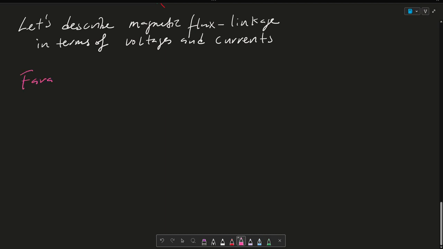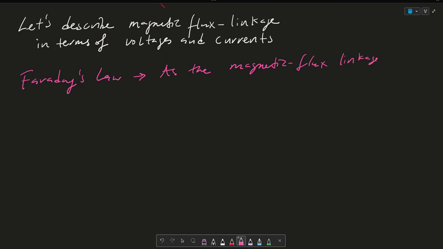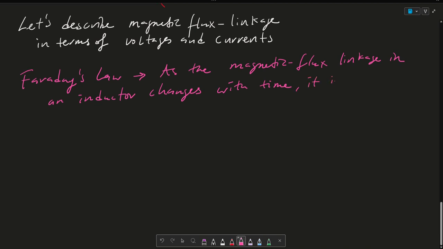And Faraday says, as the magnetic flux linkage in an inductor changes with time, it induces a voltage V across the inductor's terminal.